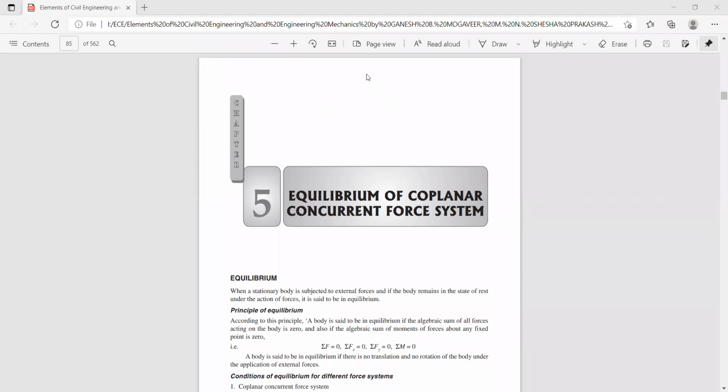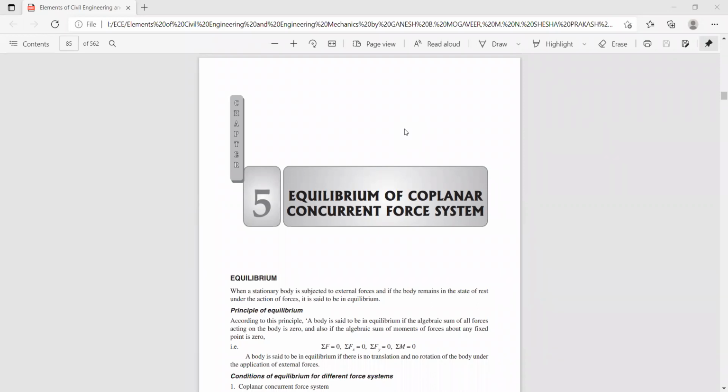So if sigma f of x is 0 and sigma f of y is 0, the resultant will also be 0. That means the sum of horizontal components must be equal to 0 and the sum of vertical components must be equal to 0. Hence, the resultant will have a zero value, so the body is under equilibrium condition.